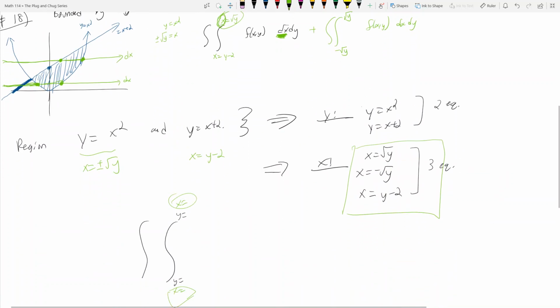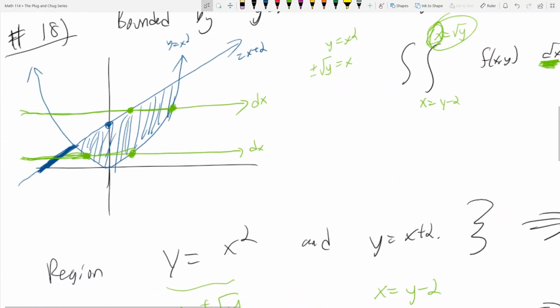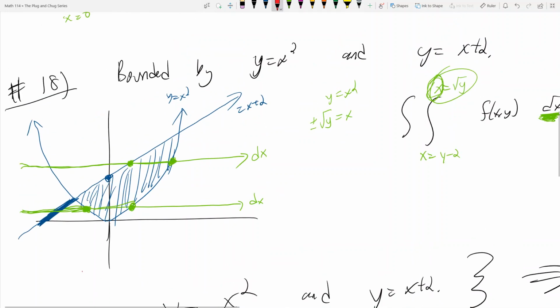So what do? I want the inside integral to be y equals, because I only got 2 equations for y. So now, you have y equals, we do it in red. Now you see why this only ends up being one integral, because if we go back to the picture and we draw in my dy's, let's draw dy in here, parallel to the y-axis.